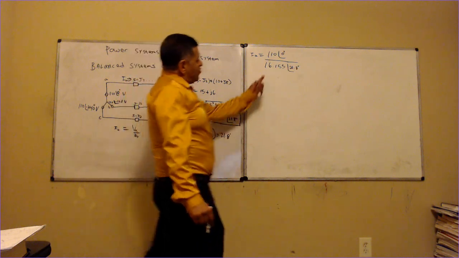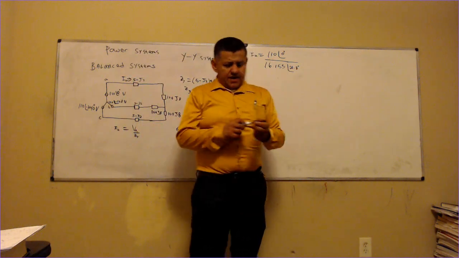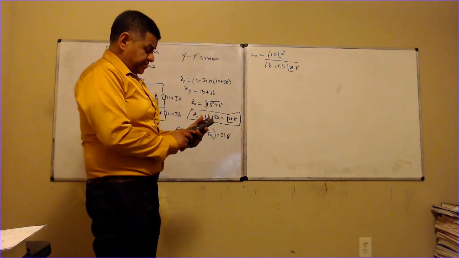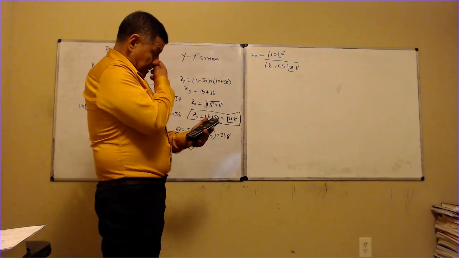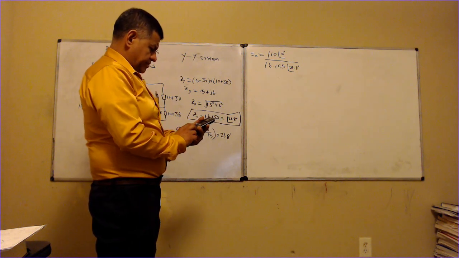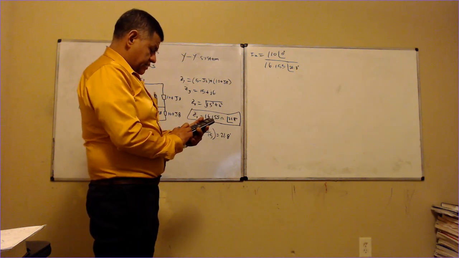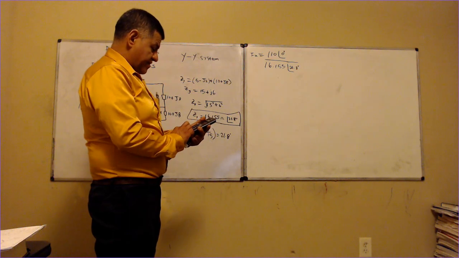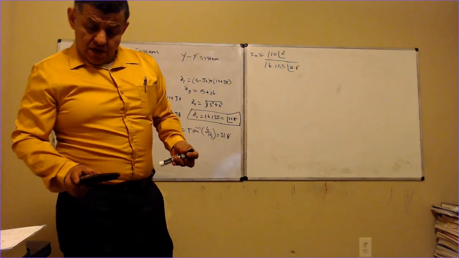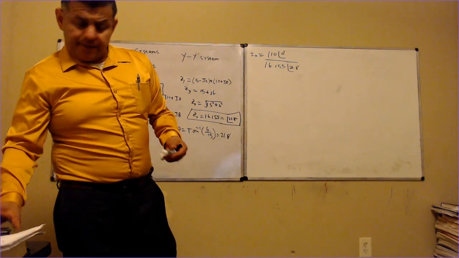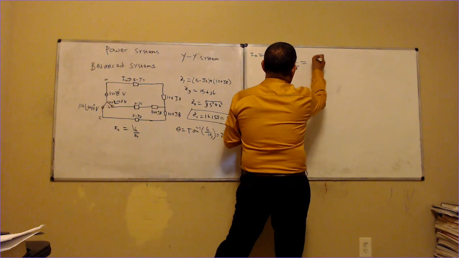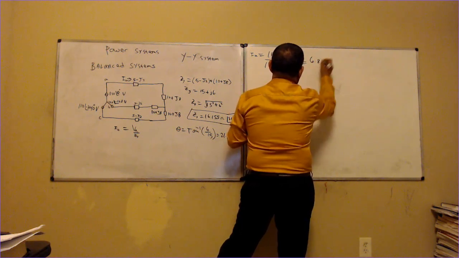When I do this math, it's straightforward, right? 110 divided by 16.155 is equal to 6.8, right?